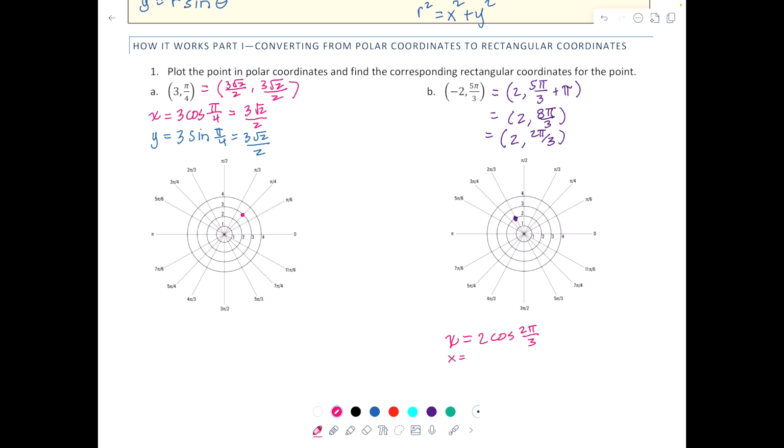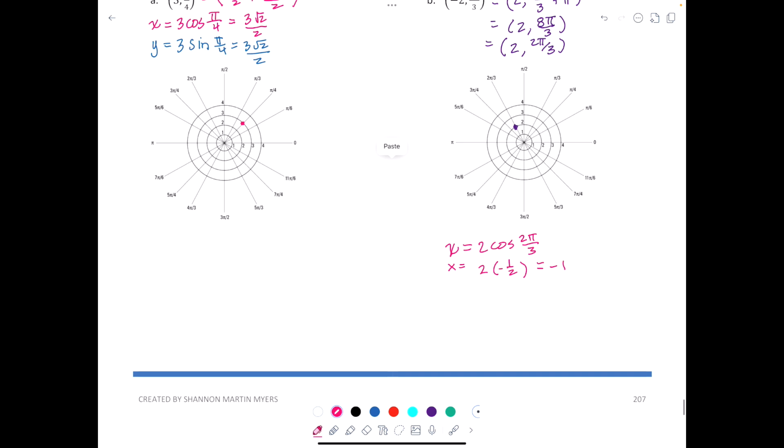So x will be 2 times negative 1/2, which is negative 1. y is equal to 2 times sine of theta, which is 2 pi over 3. So y is going to be 2 root 3 over 2, which is root 3.